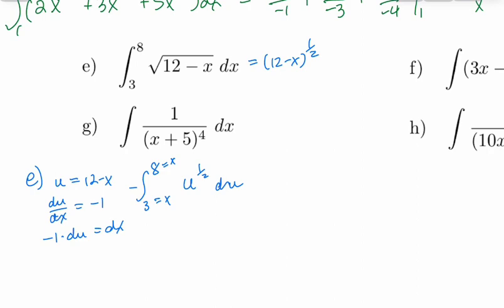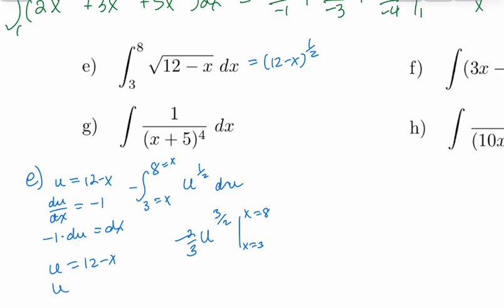To make the antiderivative of u to the 1/2, the power goes up by 1, it becomes 3/2. We have to multiply by the reciprocal of 3/2, or 2/3. Don't forget that negative that was there. We can change our boundaries for this one. We know that u equals 12 minus x.